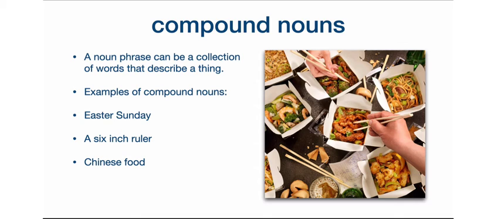The grouping of words themselves is the compound noun. So when we use two or more words to describe a thing, it is a compound noun. So examples include Easter Sunday, a 6-inch ruler, and Chinese food.